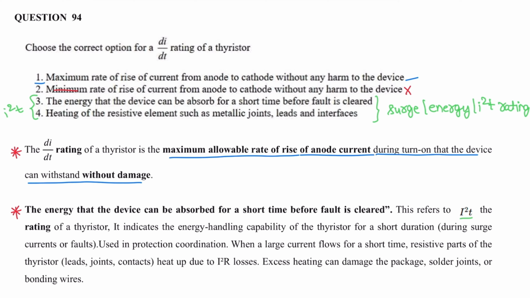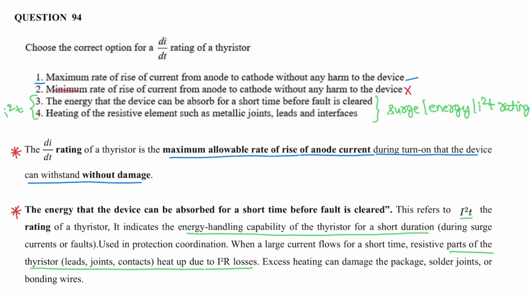It indicates the energy handling capability of a thyristor for a short time duration. When a large current flows for a short time duration, the resistive parts of a thyristor, leads, joints and contacts may heat up due to I square R losses.